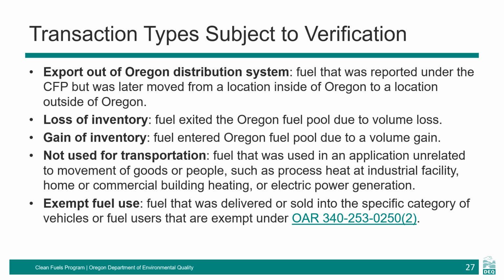CI here refers to carbon intensity. Additionally, there are transaction types for fuel not used for transportation, such as for fuel for stationary process heat or electric power generation, and transaction types for exempt fuel uses like military vehicles or agricultural equipment.